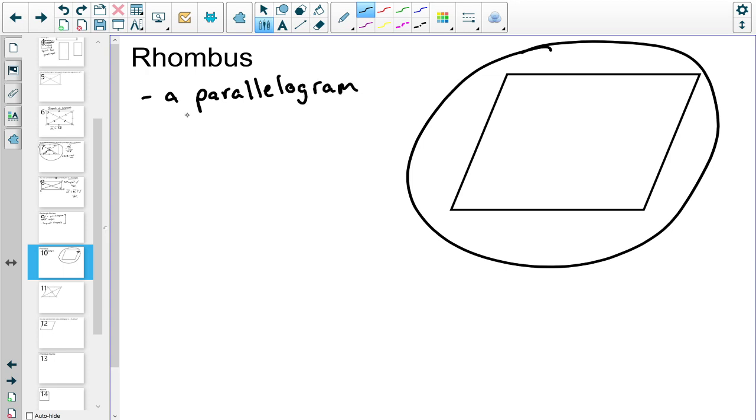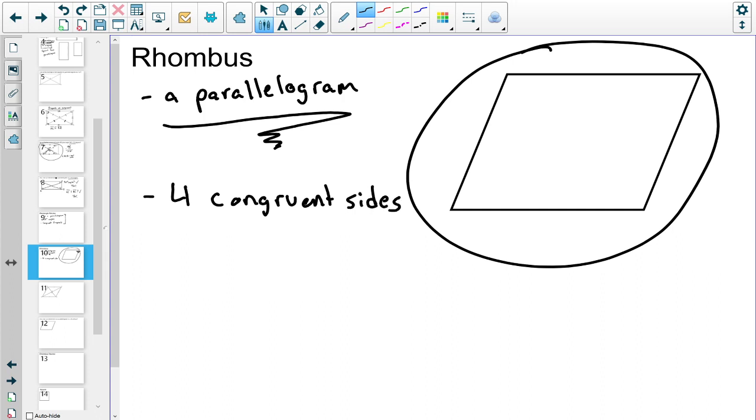We're going to have several shapes that fall under this category, because all of those properties, that chart we've shown 100 times now, apply to this shape, the rhombus. So it is a special type of parallelogram. A rhombus has 4 congruent sides, meaning this side is equal to this side, is equal to this side, is equal to this side.